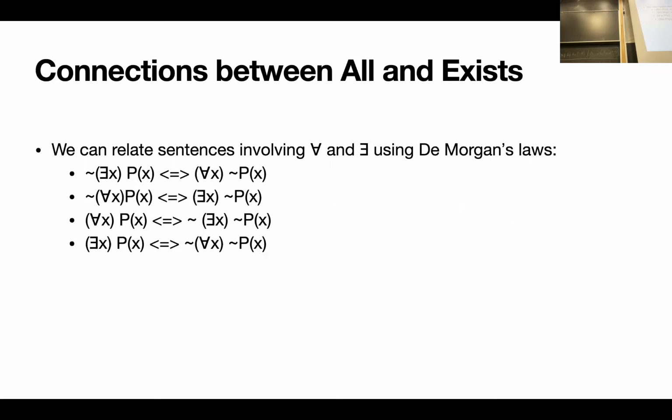The quantifier changes sign. Same for for all. If we negate a for all, that is equivalent to an exists of a negated p of x. So not for all x p of x basically means that there exists an x such that p of x doesn't hold.